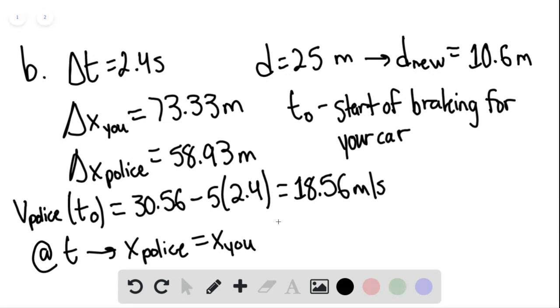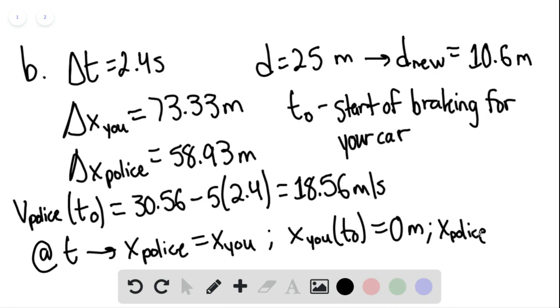We're going to choose such that your position is x equals 0, so x of u at t naught is equaling 0 meters, and then x of the police at t naught is equaling 10.6 meters, because that would be our new distance between the two cars.